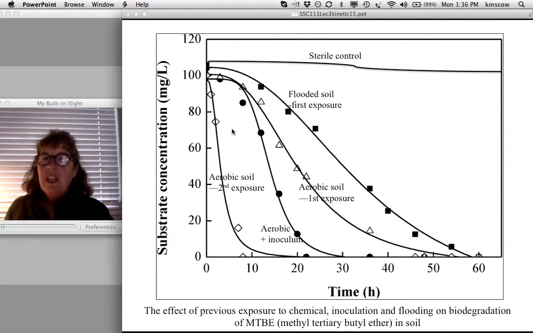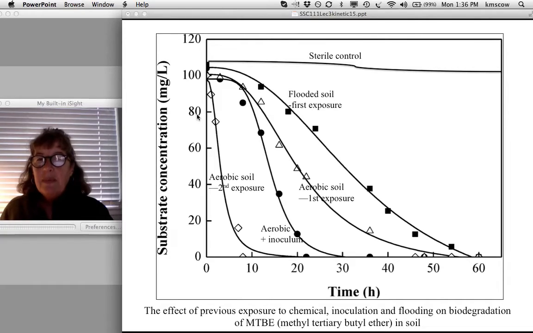And you see here some different kinds of treatments. This was a lab experiment taking contaminated soil into the lab, and we spiked it with MTBE and followed its disappearance over time. And this is not dissimilar to what we are doing with perchlorate in the lab, in your lab in Soil Science 111.